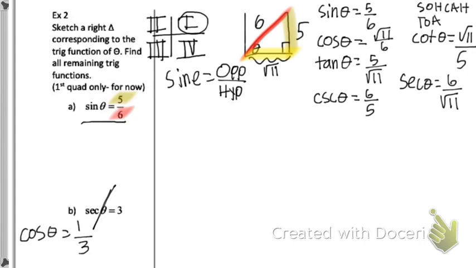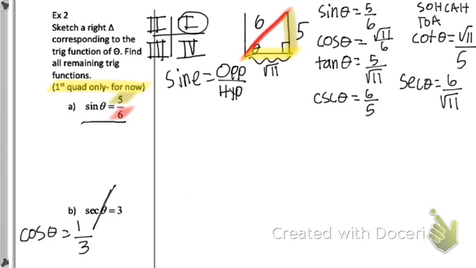You find cosine of theta by taking the reciprocal of 3, since secant of theta and cosine of theta are reciprocals of each other. Now let's sketch it out. As I forgot to mention earlier, it says first quadrant only. So both of these fractions are supposed to be in the first quadrant.